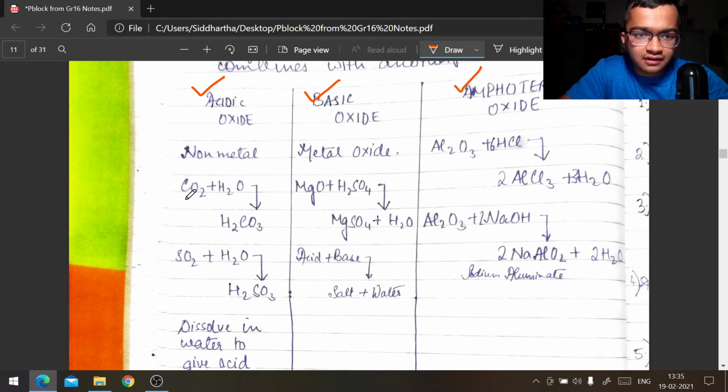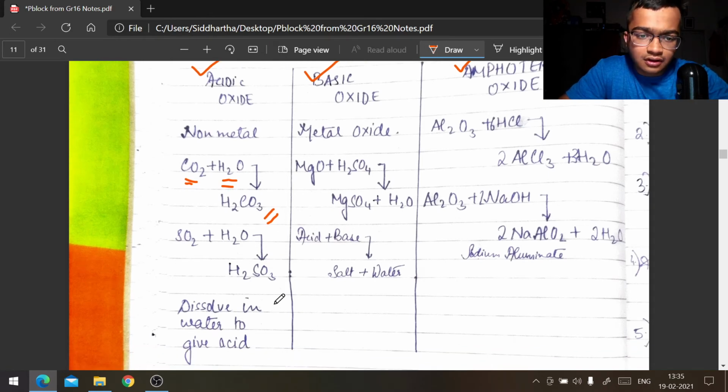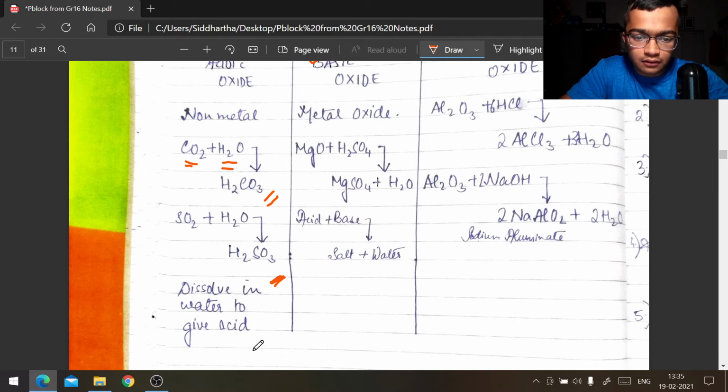Non-metallic oxides are acidic, right? When you take a non-metallic oxide such as CO2 and react it with H2O, you get H2CO3, the carbonic acid, which is acidic. Now when you take SO2 plus H2O, you get H2SO3, which is also an acid.